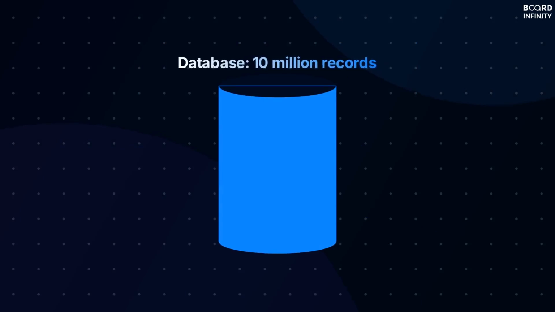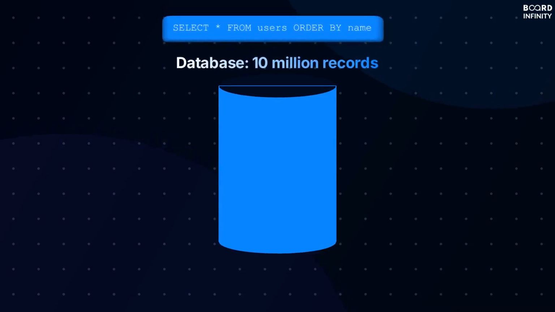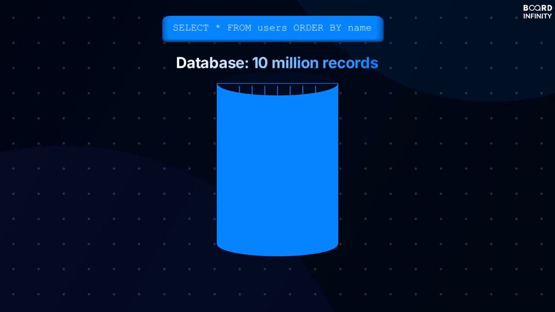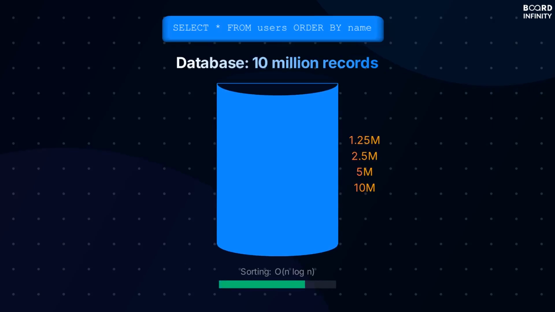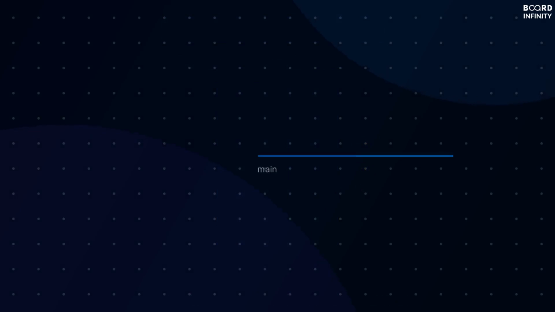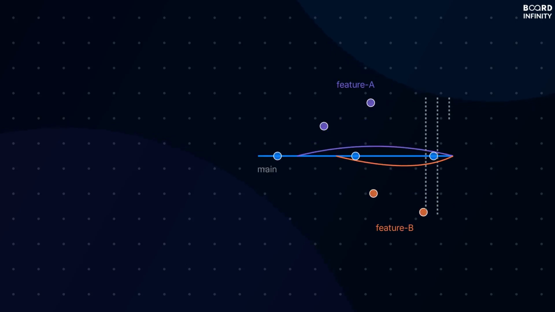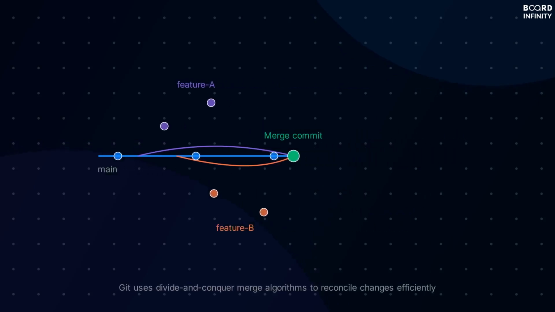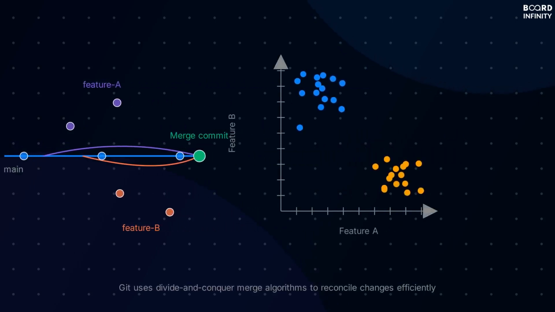Divide and conquer isn't just an academic exercise, it's the backbone of systems you use every day. When a database sorts 10 million records for a search query, it's using merge sort or quicksort under the hood. When Git merges code from multiple developers, it's applying divide and conquer merge algorithms to reconcile changes efficiently.